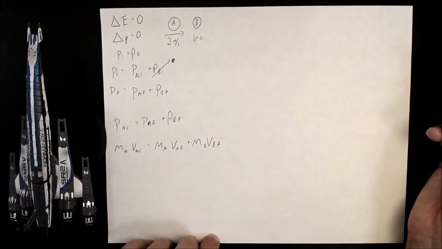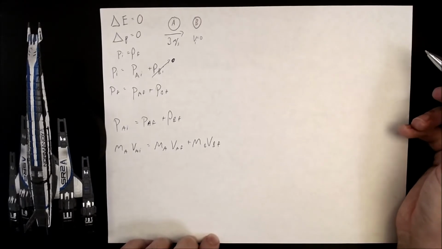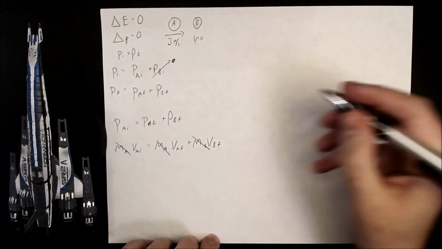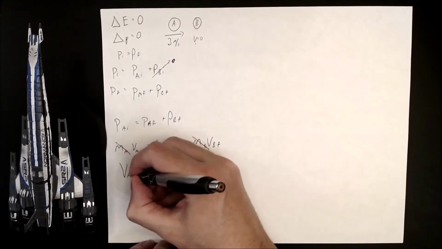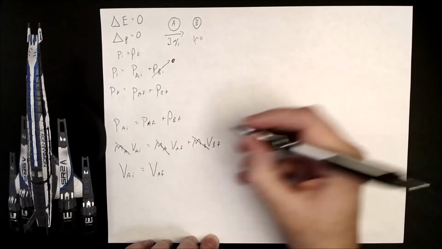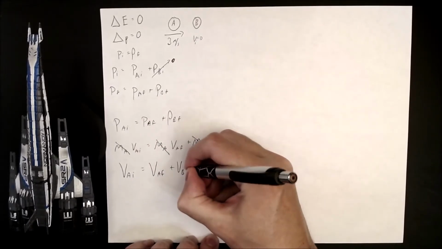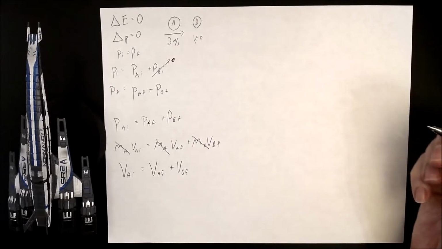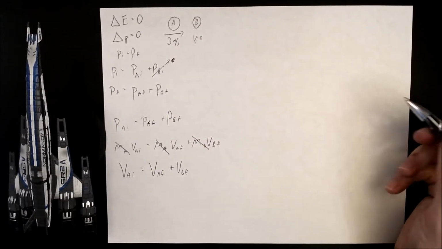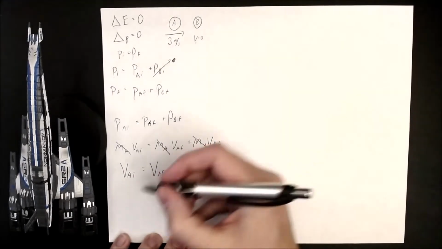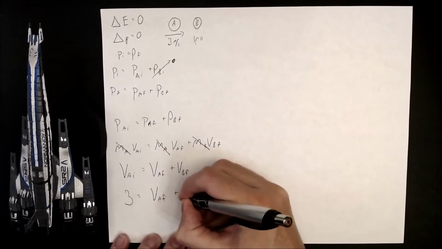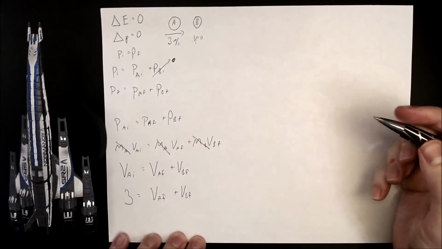We can divide both sides by that M, whatever it is, and get rid of all that. Now we've got VA initial is equal to VA final plus VB final. Okay, well, that's really all we can do. Oh, I guess we can say that VA initial is 3. So 3 is equal to VA final plus VB final. Now, I guess that's all we can do.